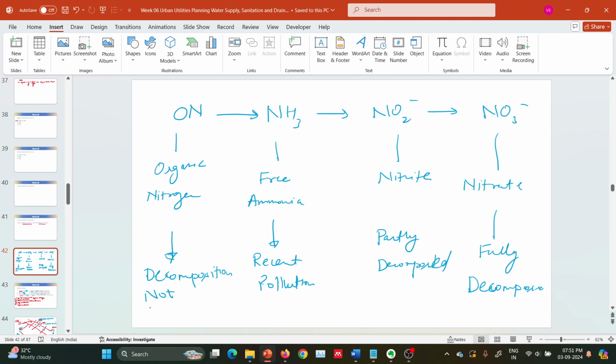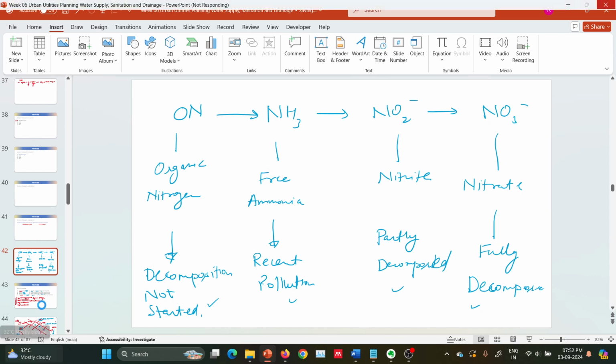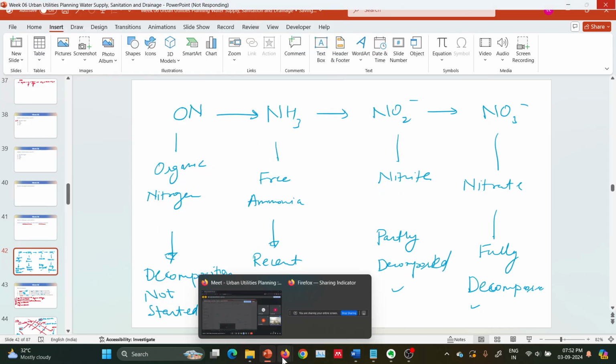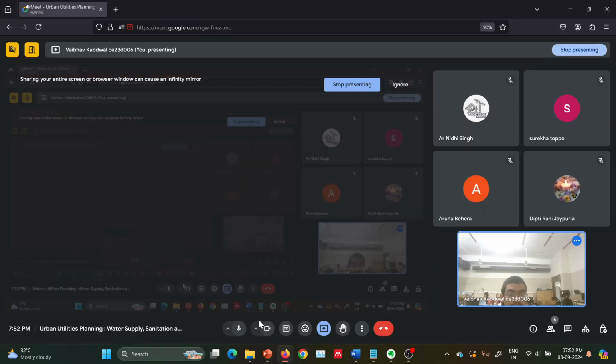So these forms of nitrogen signify these things. Any doubt here?